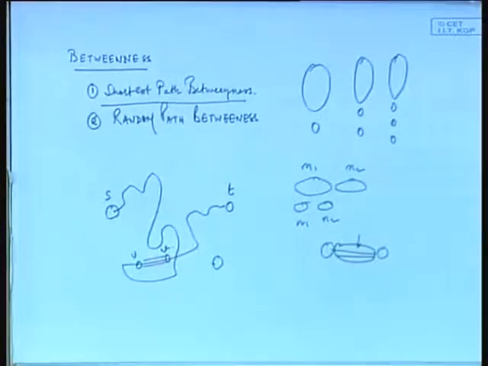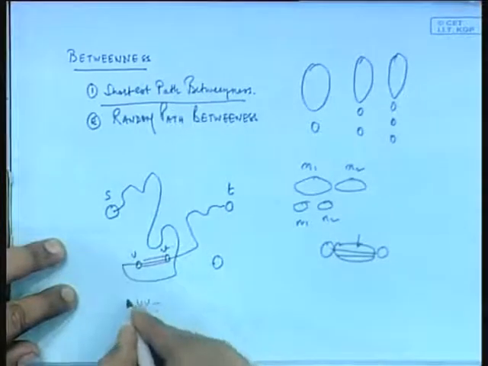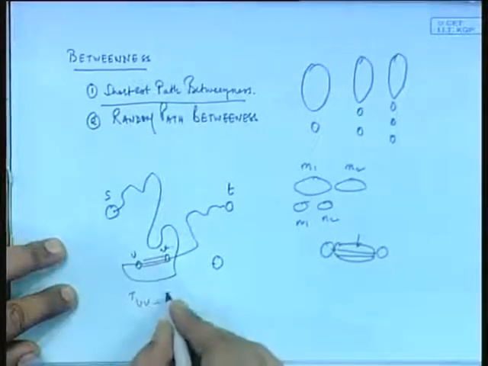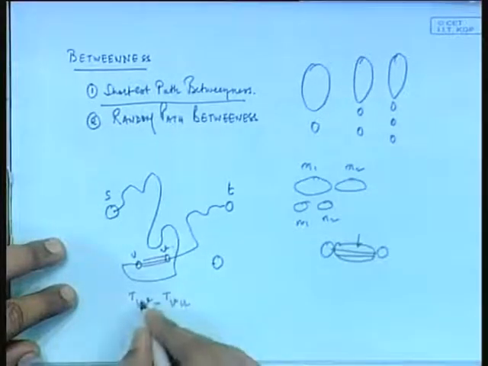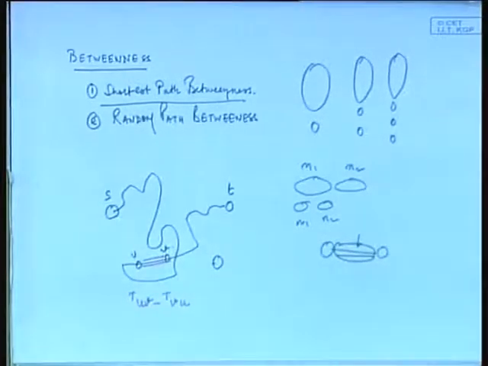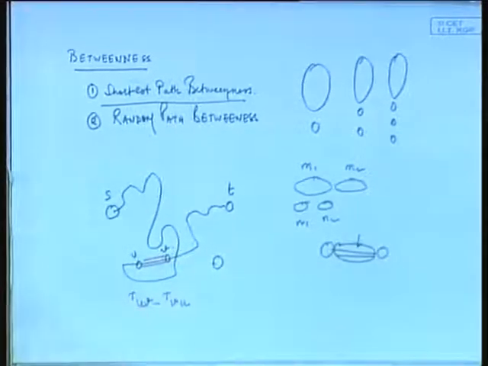How many times this random walker has passed through this edge, which will be typically the number of times uv minus the number of times vu. Okay, means a random walker will continuously go like this. So, we ignore that and we think in one direction, that how many times it has.